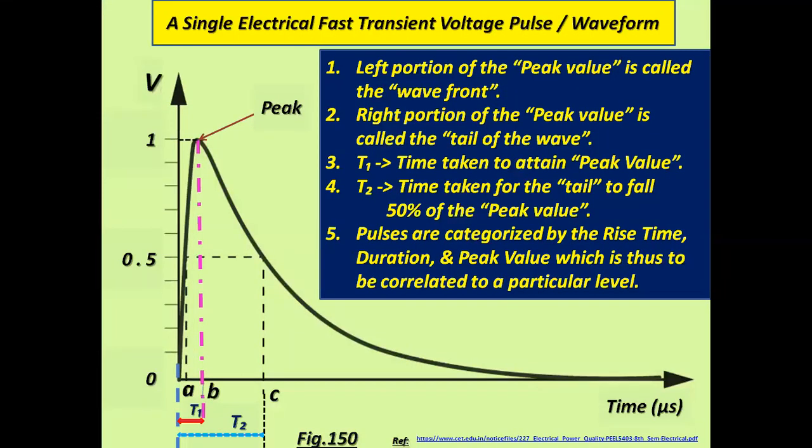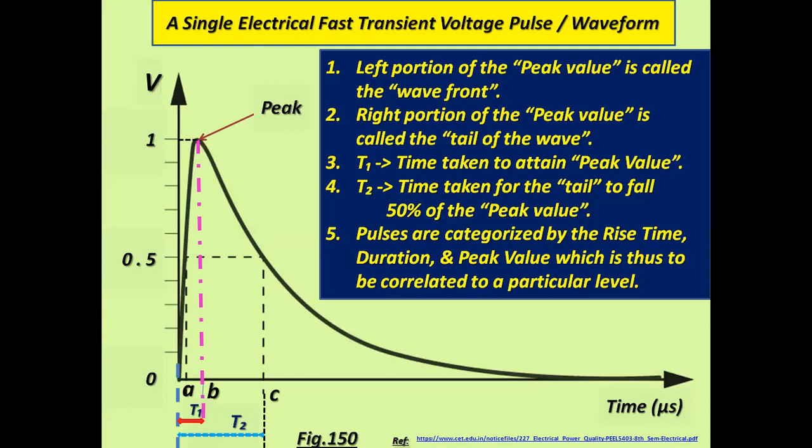A single electrical transient voltage pulse and waveform. See the left portion of the peak value. Left portion of the peak value is called the wavefront. Right portion of the peak value is called tail of the wave. T1 is the time taken to attain peak value.